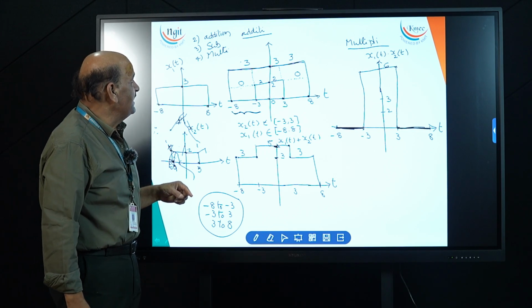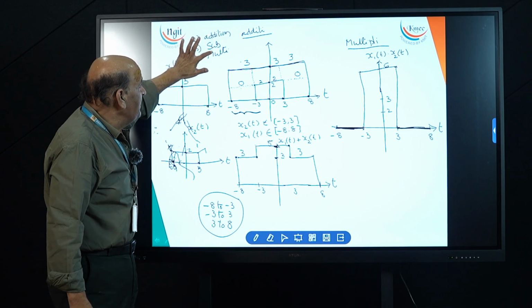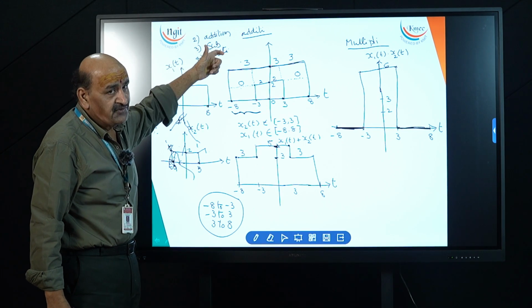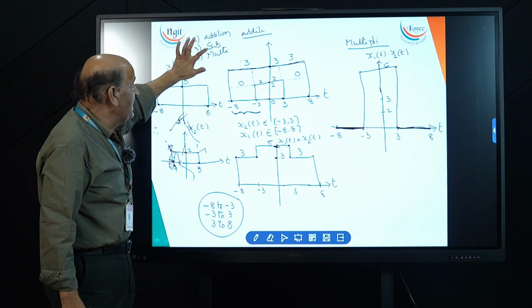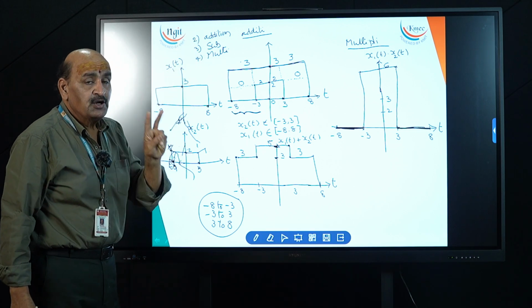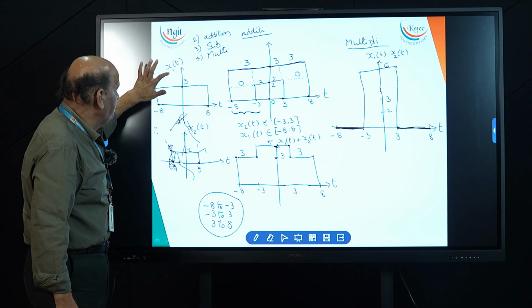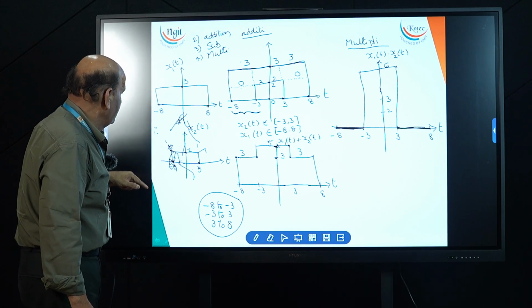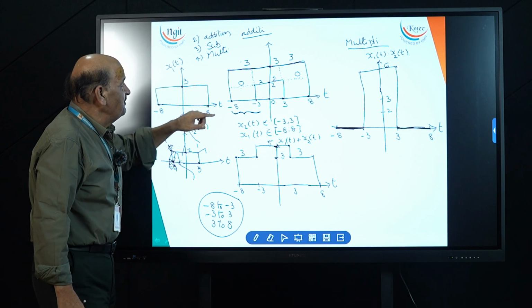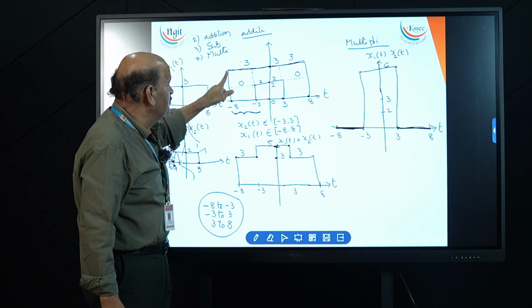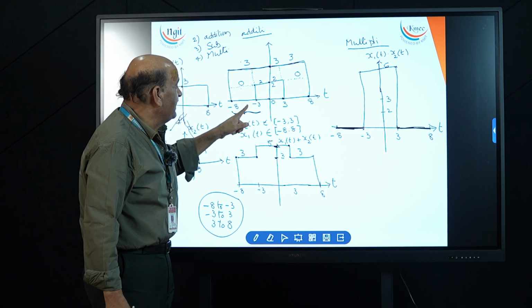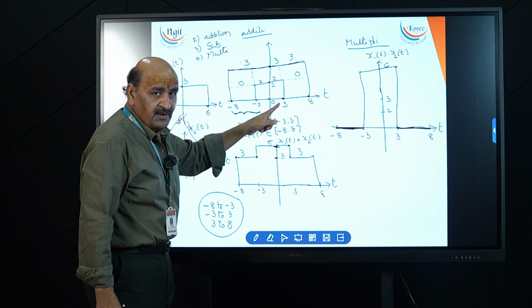Again, just I am telling, look at 3 arithmetic operations we can make on signals. For addition, subtraction, multiplication, we need 2 signals. So, they gave us 2 signals, x1 of t and x2 of t. So, for that purpose, first we took a big signal and we kept a small signal inside the big signal.